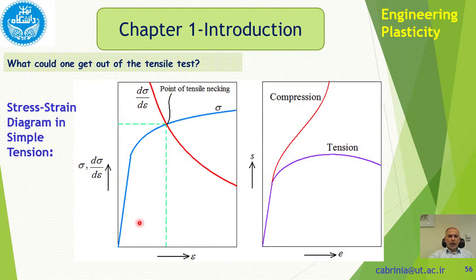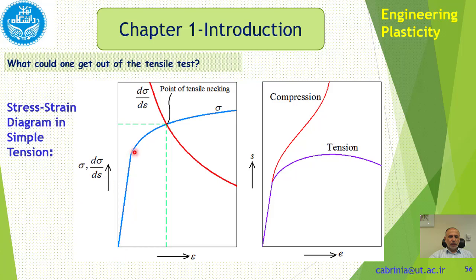Now then, here again we have this plotted: sigma, epsilon, and S and e. S, of course, is sigma 0, and e is the engineering strain. This is engineering strain, this is engineering stress. This is true strain, this is true stress. Besides sigma, we have plotted d sigma over d epsilon as well.